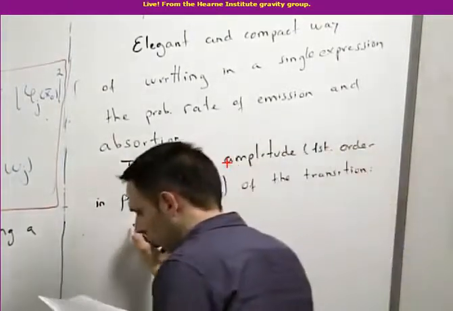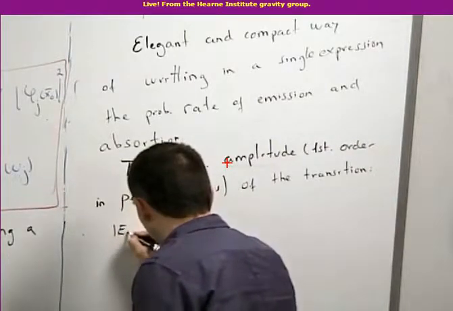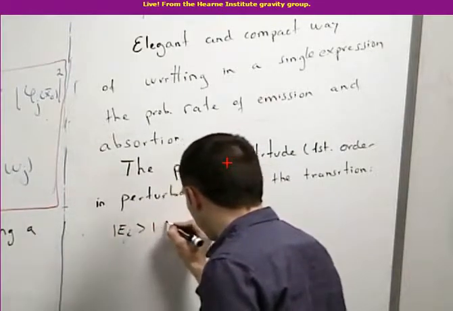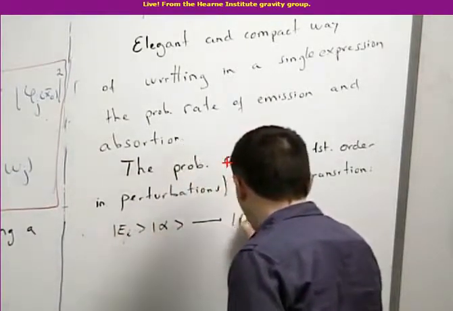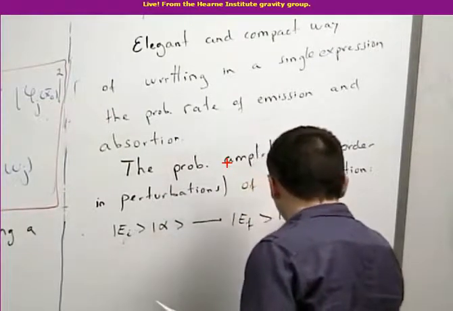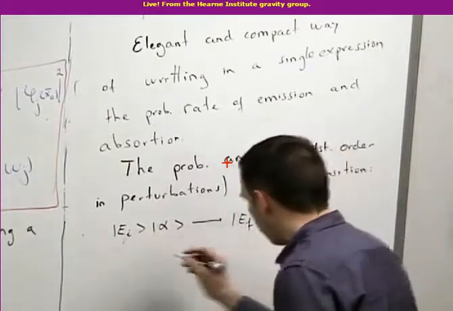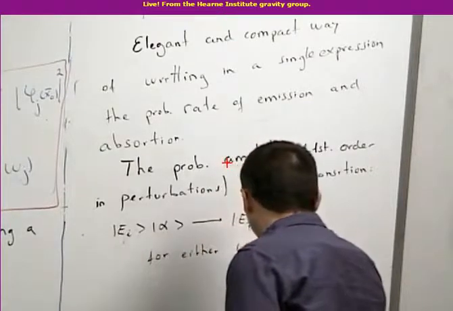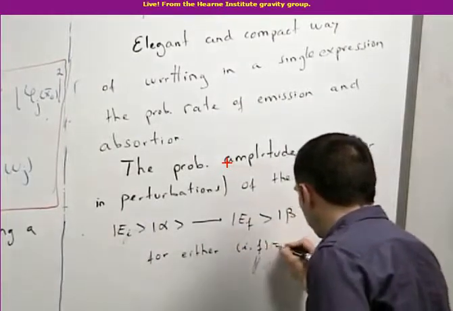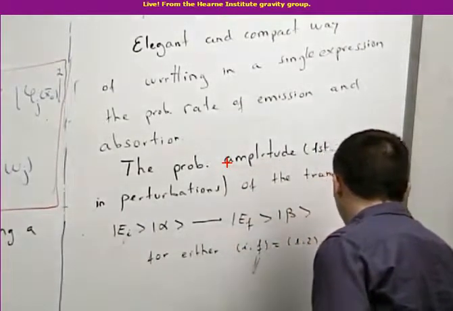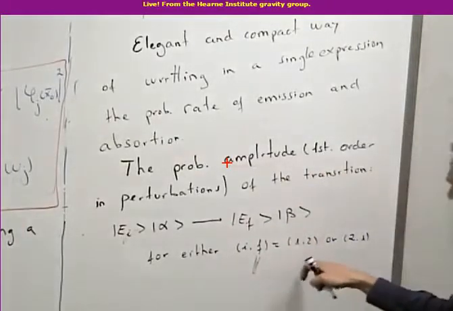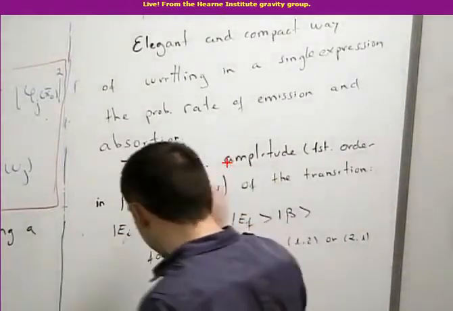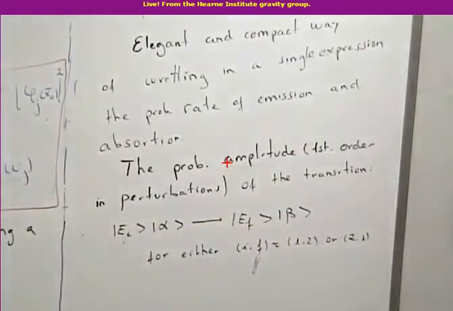So we have a transition that goes from some initial state of the detector, given by I, some initial state of the field, to some final state of the detector, some final state of the field. I'm going to do it for either I f being 1, 2, or 2, 1. So I'm going to do it for absorption or emission, just a single expression, where alpha and beta are generic states of the field.